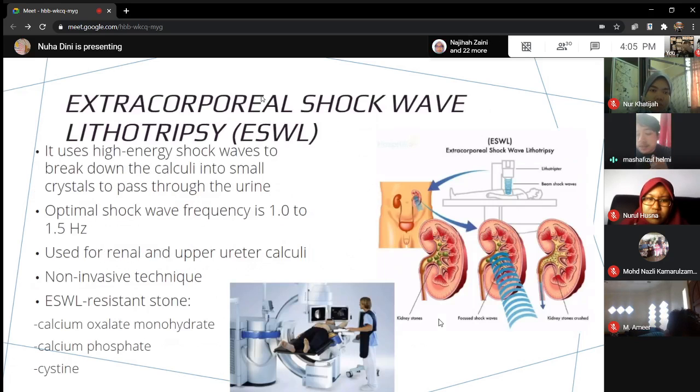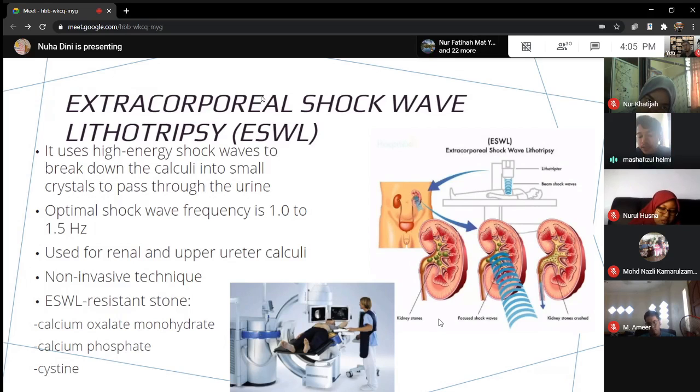So the first one is the extracorporeal shock wave lithotripsy, ESWL. Basically, it uses high energy shock waves to break down the calculi into small crystals so that they can pass through the urine. The optimum wave frequency is between 1.0 to 1.5 Hz, and it is used for renal and upper ureter calculi.